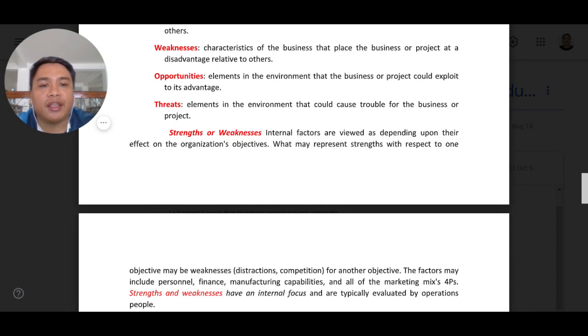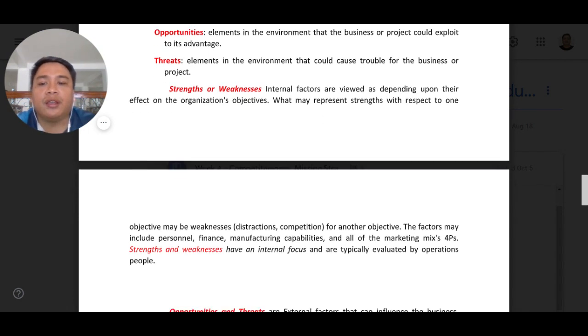What may represent strength with respect to one objective may be a weakness, distractions, competitions for another objective. Yun yung sinasabi ko kanina na yung strength can be a weakness or a strength can be a threat to the other. The factors may include personal finance, manufacturing capabilities, and all the marketing mix for peace.